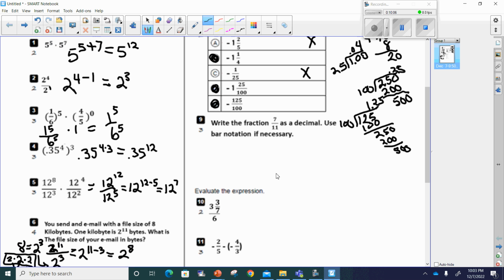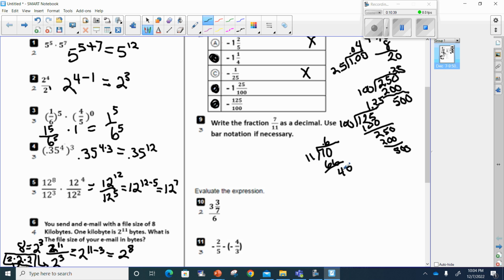Let's go to number 9, write the fraction 7 over 11 as a decimal. Well, this is easy. We're simply going to take 7 and divide it by 11. It says to use bar notation if necessary. It just might be. If I take 7, divide it by 11, I have to go ahead and put a decimal here, which means I'll be going to 70. So I've got 11 going into 70 6 times, because that'll give me 66, which will leave me 4.